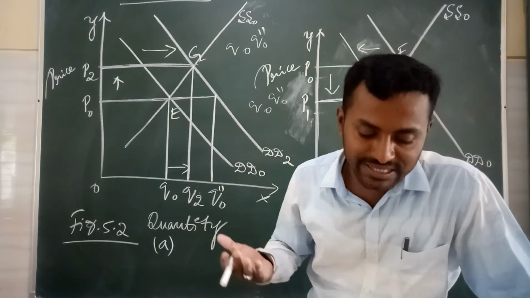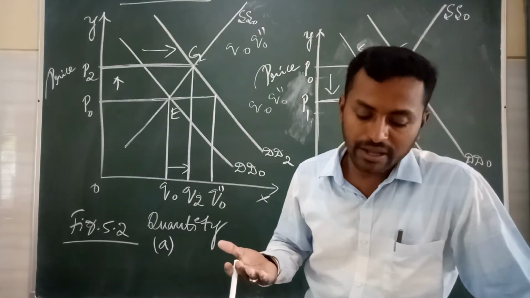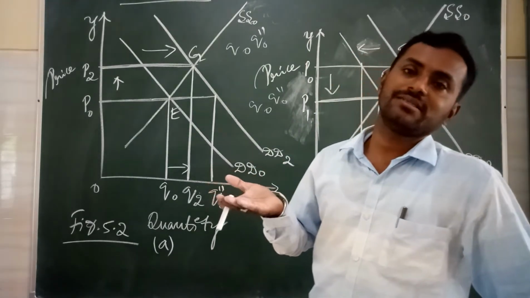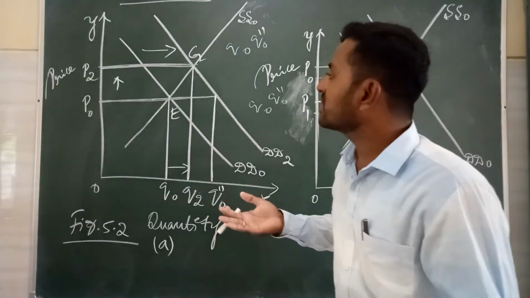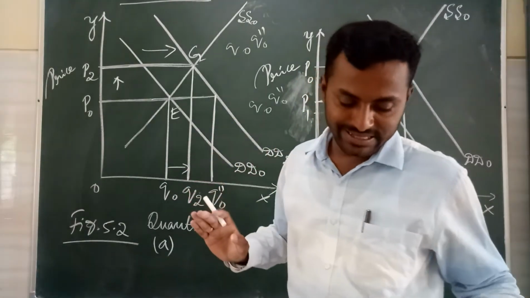In response to this excess demand, some individuals will pay a higher price. The individual consumers are able to pay more than P0. That's why the price will increase.